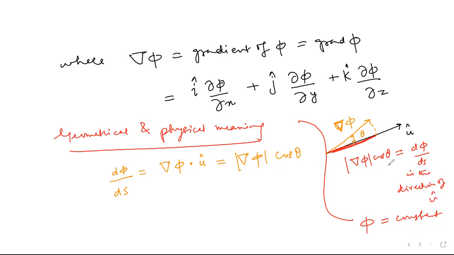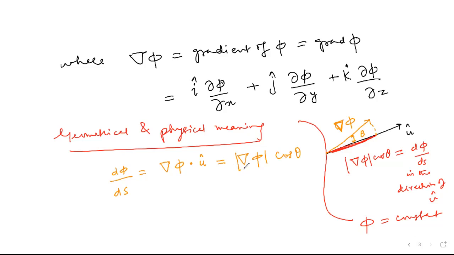So you can see geometrically, when I am finding the directional derivative of phi in the direction of unit vector u cap, I am actually finding the projection of this gradient of phi along the direction of u cap, right?